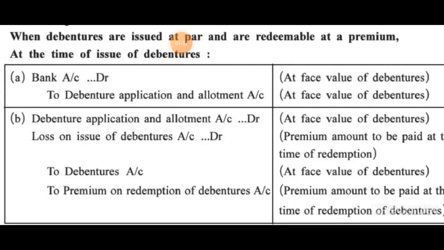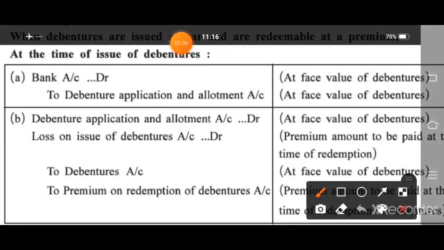Second entry, debenture application and allotment account debited, loss on issue of debenture, premium amount to be paid at the time of redemption, and this is loss for the company, to debenture account, and whatever premium we are paying, to premium on redemption of debenture account.